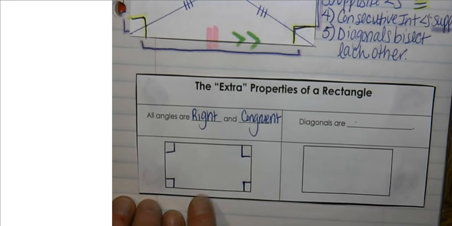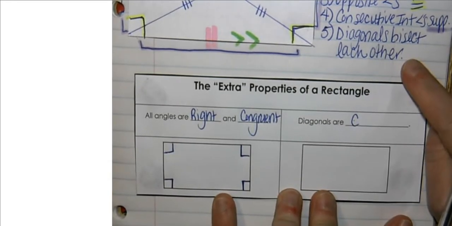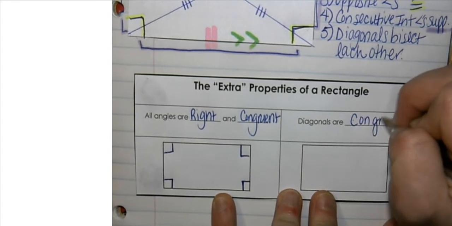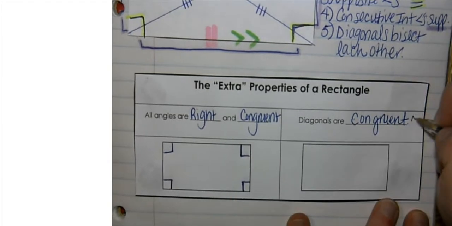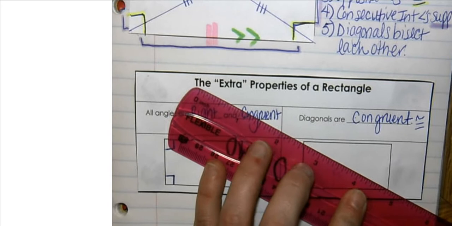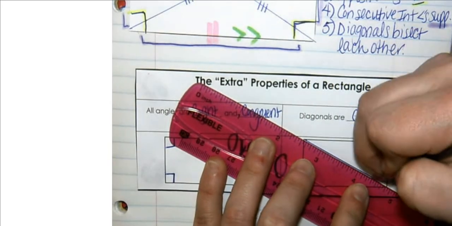The other extra property is that the diagonals not only bisect each other, but they are congruent. The diagonals are congruent to each other. So I'm going to draw in the diagonals and mark them up using the same tick marks.